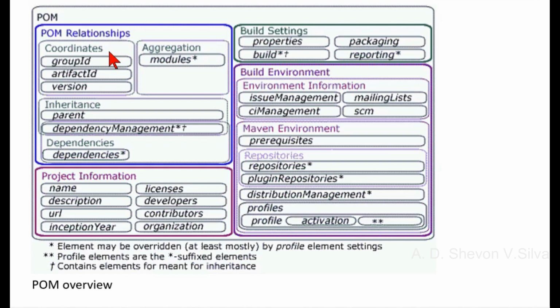For example, the POM for org.codehost.mojo:my-project:1.0 can be packaged as a jar. We could make it into a WAR by declaring a different packaging. When no packaging is declared, Maven assumes the packaging is the default, jar.